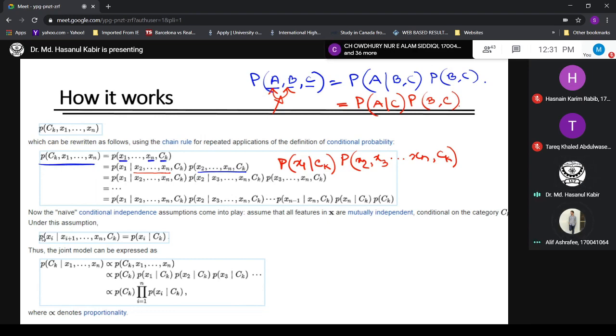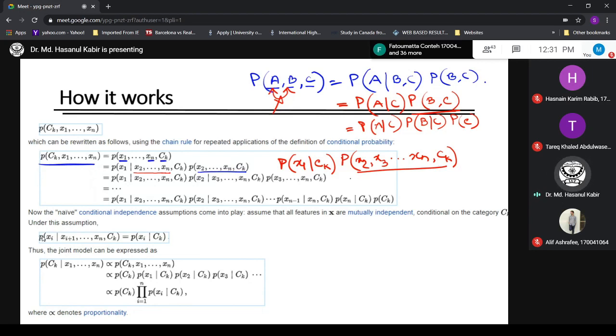And then the other term you have over here, if you want to expand that one, again I can write probability of B given C times probability of C. So if I want to expand the other term over here, I can write like this.